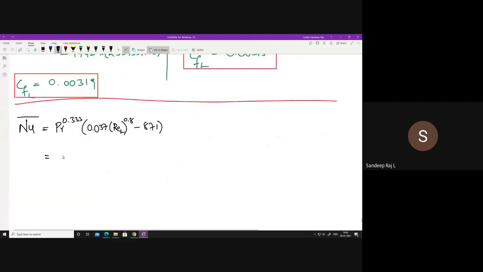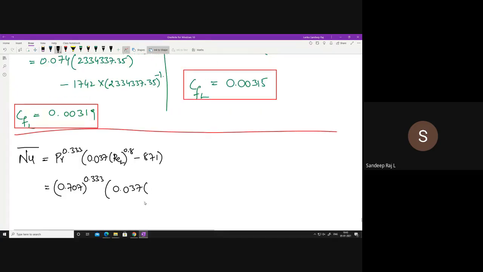Substitute that here: 0.707 whole to the power of 0.333 into 0.037 into the RE value 233,433,7.35 power 0.8 minus 871. Tell me what is this Nu bar value? 3332.14 is your Nusselt number value.